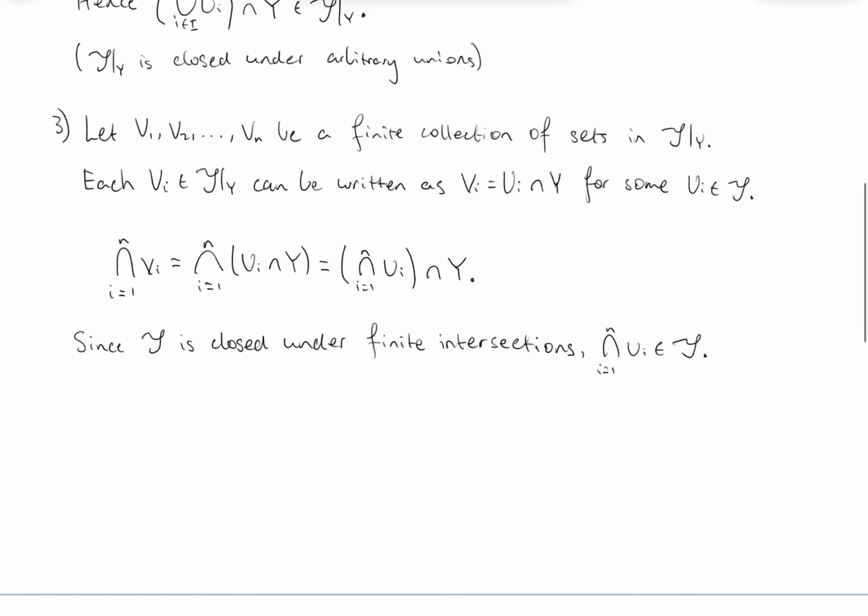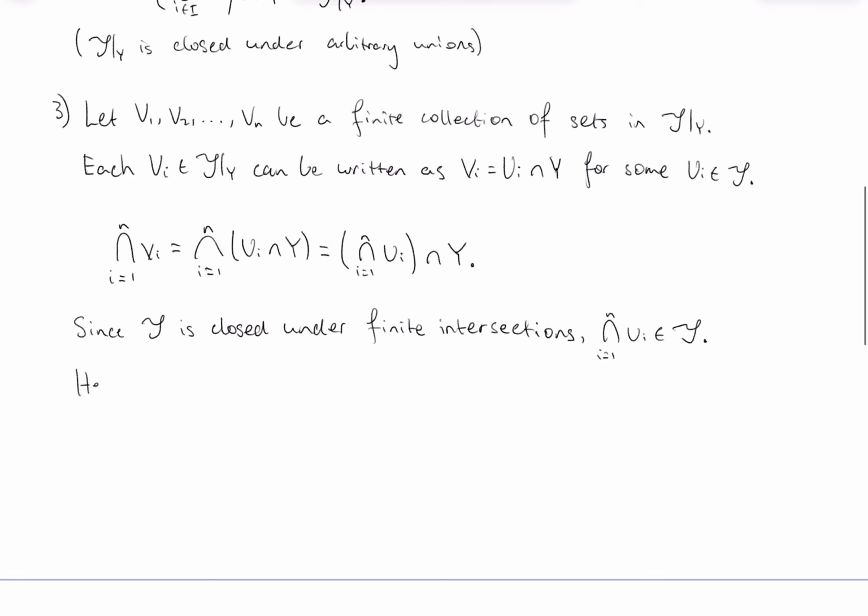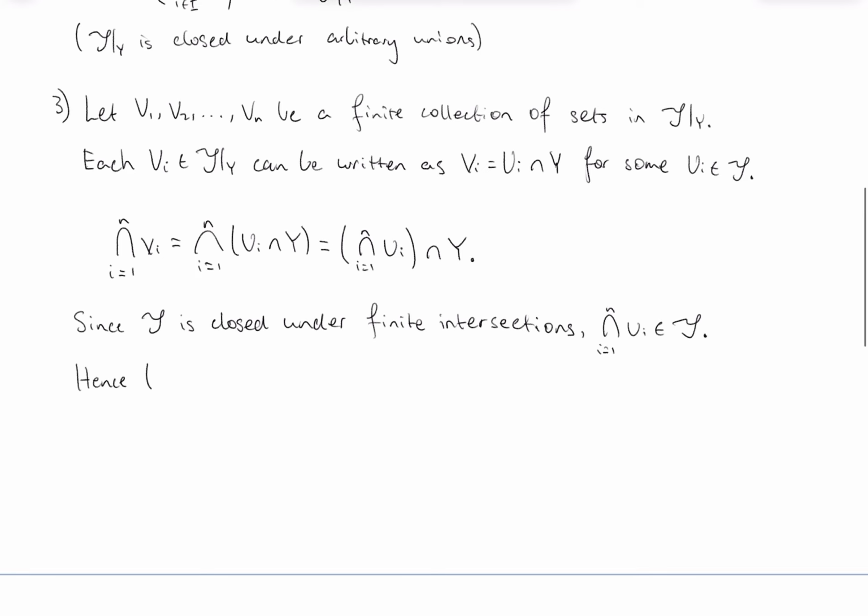So hence the intersection for i equals 1 up to n of Ui intersect with Y is in the subspace topology.